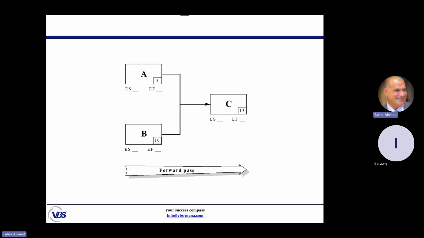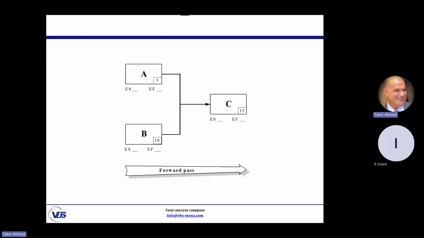What do we mean by forward pass? Let's see a very simple example. We have a project containing only 3 activities, A, B, and C. Based on the relationships, A and B can start immediately when the project starts. So A and B have no predecessor.